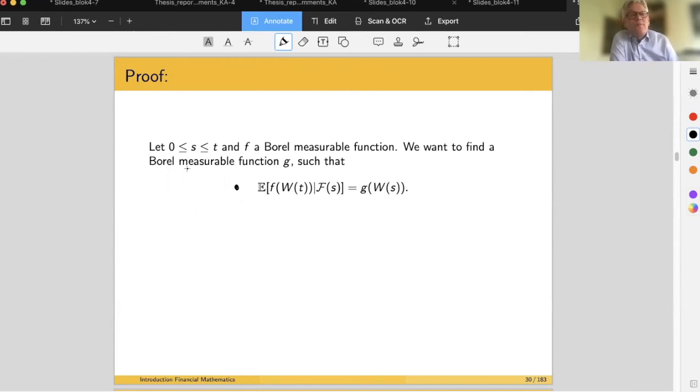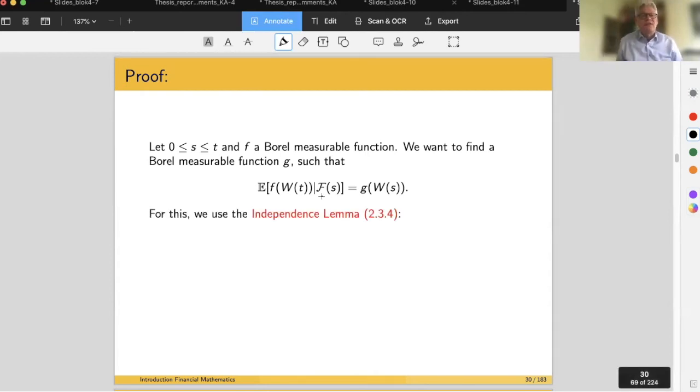Then we look for a Borel measurable function g such that this holds true. Then we have a Markov process. Remember from the definition from a few lectures back. In fact, we can construct that g, and that is done with the independence lemma, as I just mentioned. In order to construct this, we use the independence lemma, which was in the book, 3.2.4.